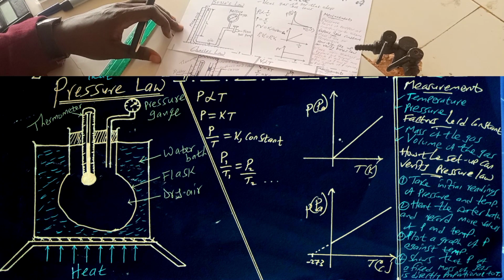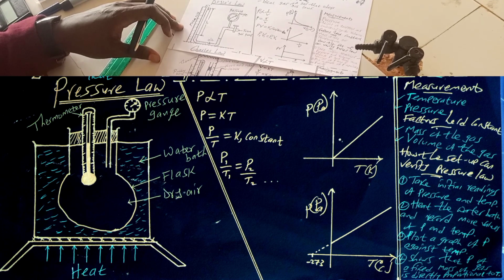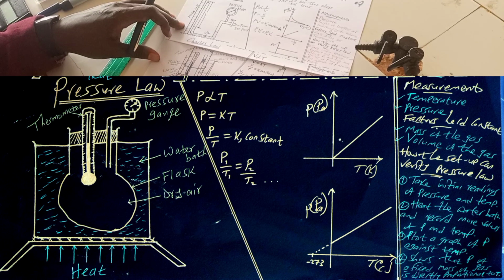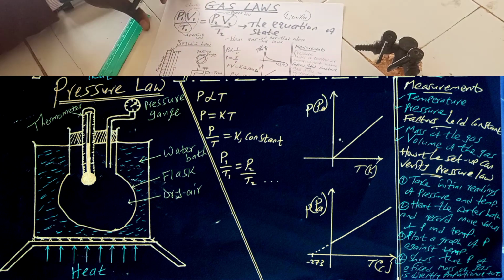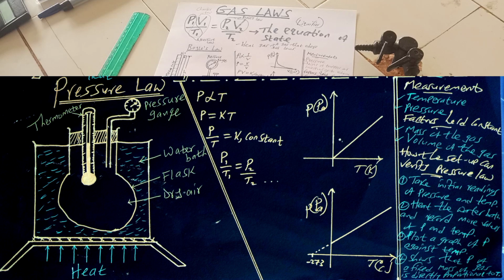So this shows that pressure of a fixed mass of gas is directly proportional to absolute temperature at constant volume, because the two are directly proportional.